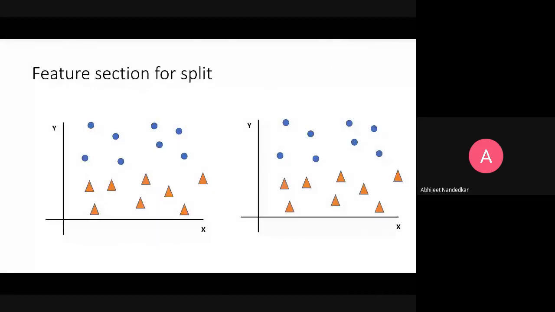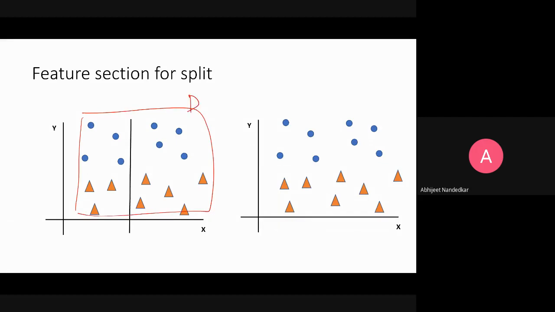Now let us see this example. If I divide this sample space, this is my complete data set D, and then I use feature X. There are two features in this problem, and say the triangle is a symbol for class 2 and the circle is class 1.